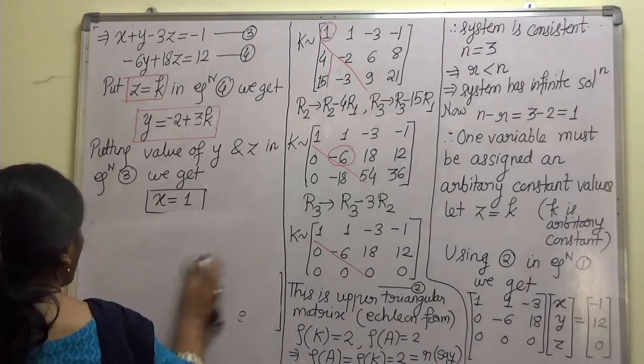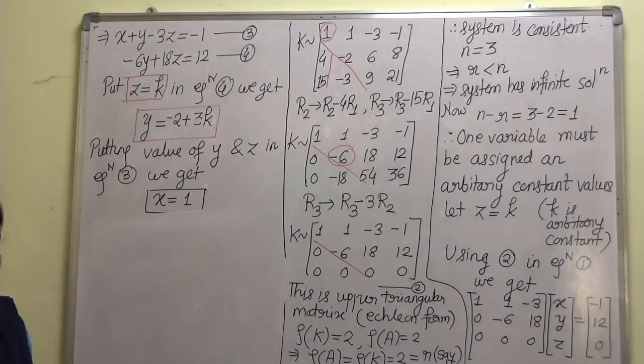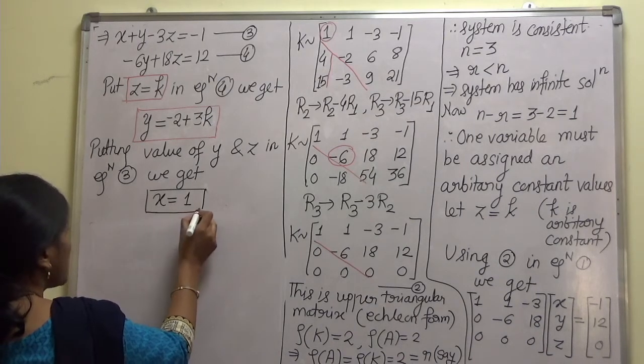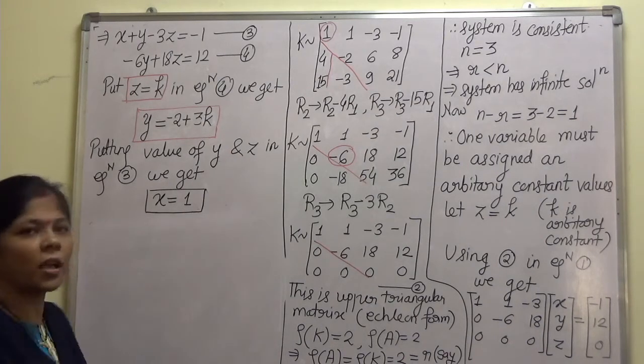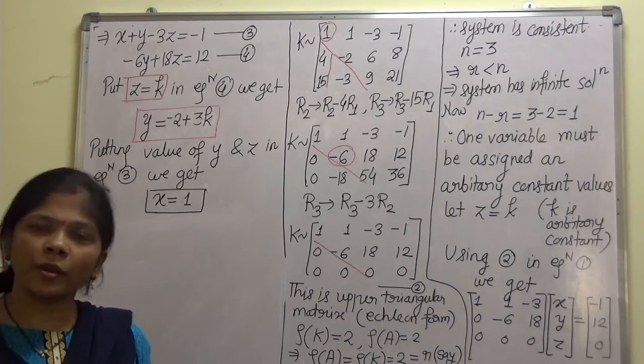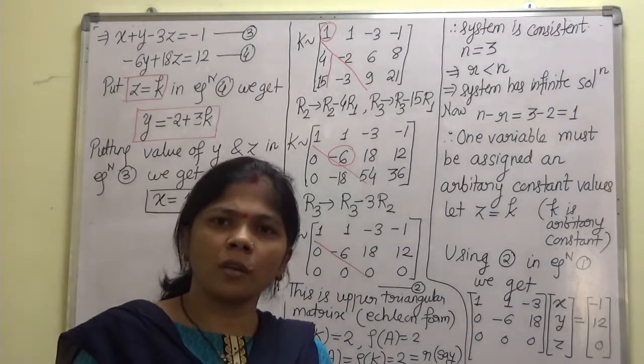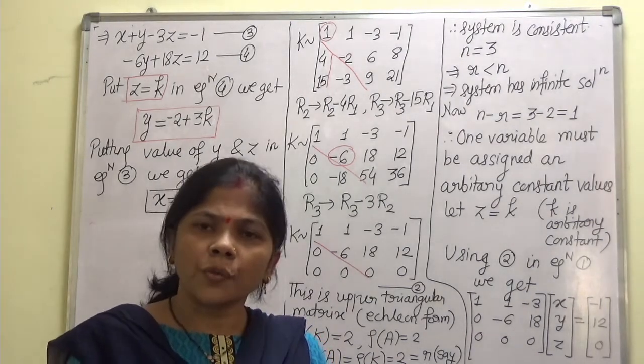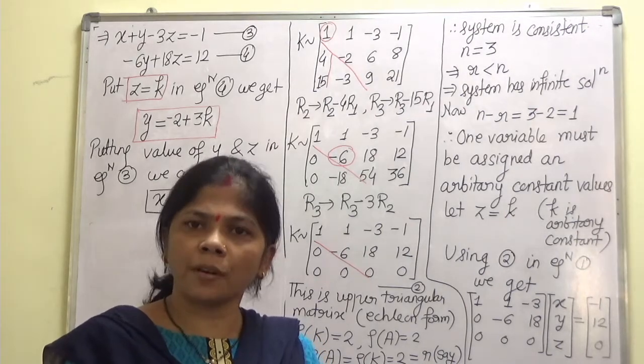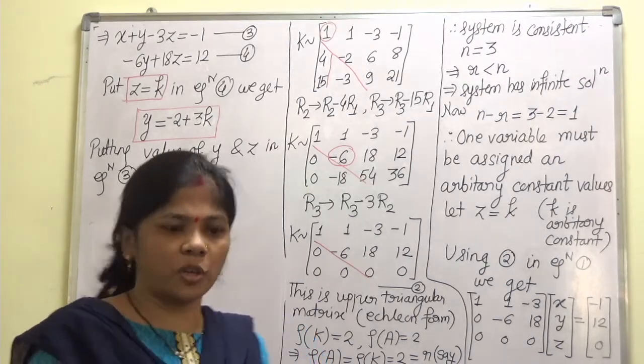Therefore, now we have obtained all the values. The values of x, y, z are in terms of this constant k. If we assign different values to k, you will get a different solution. So in this way, this particular system will have infinite solutions.